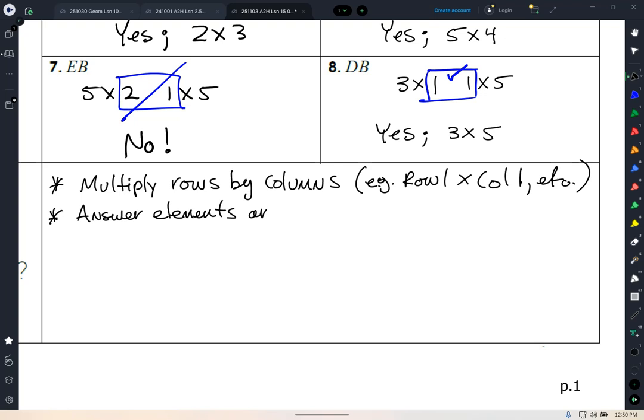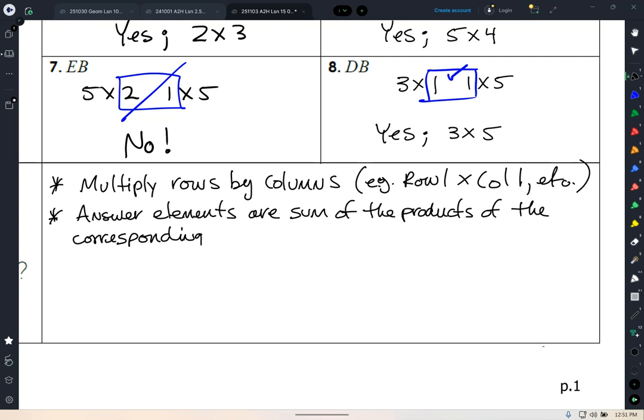The answer elements are going to be made up of the sum of the products of the corresponding elements in the row times column process that we're going to be doing. I tried really hard to figure out a way to say this as lean as possible. It's going to make a lot more sense when you see it written out in an example.